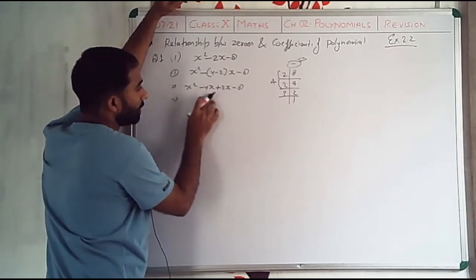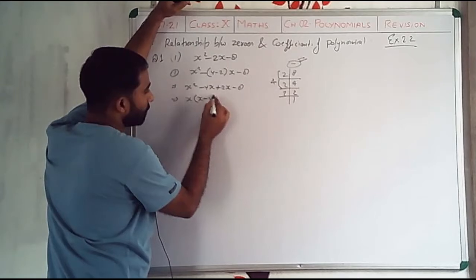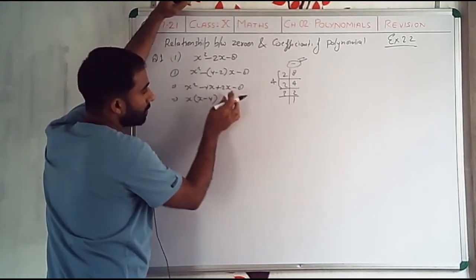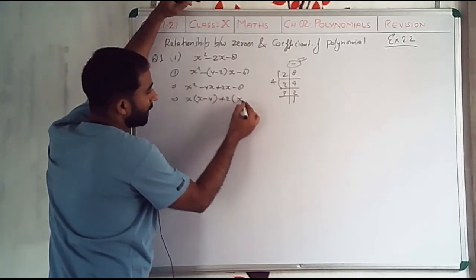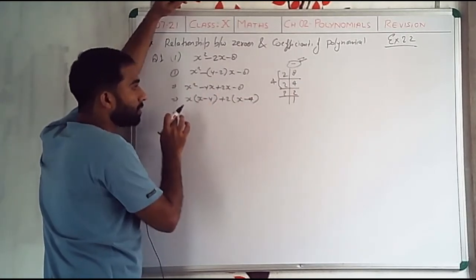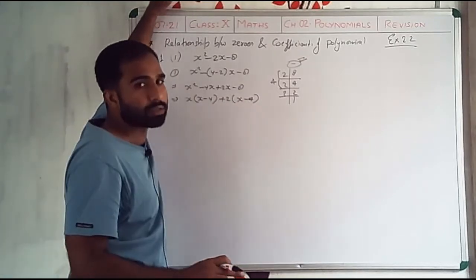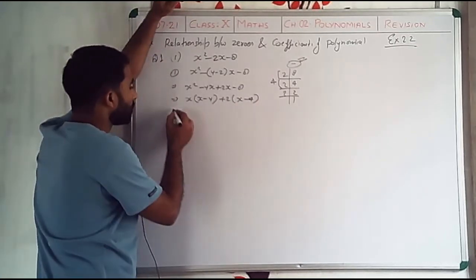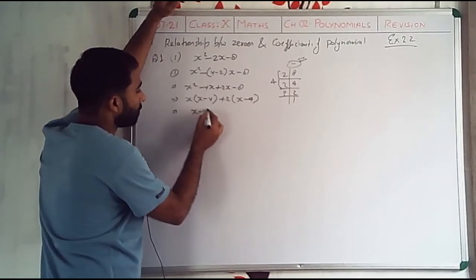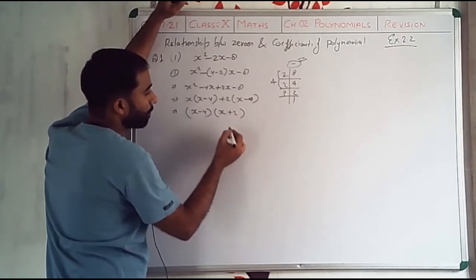From the first 2 terms we can take common x, so x minus 4, and from the next 2 terms we can take common 2, then x minus 4. Now in both terms x minus 4 is common. Take common x minus 4 from both terms, then the remaining part will be x plus 2.